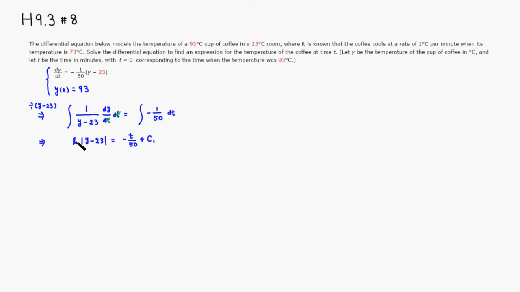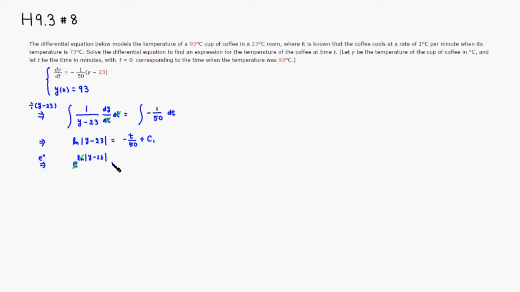Then, to solve for y, we're going to raise e to both sides. Then you have e to the natural log of the absolute value of y minus 23. We can cancel e and natural log because they are inverses of each other.